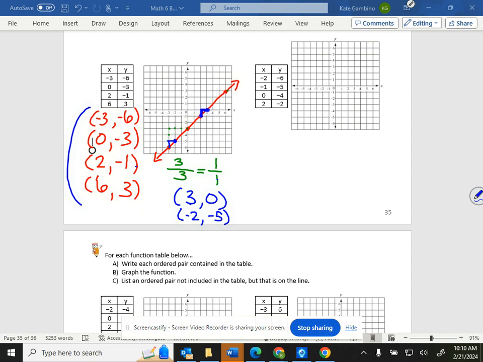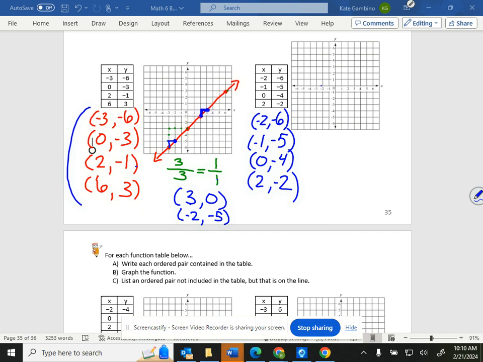Okay. So I love how some of my friends are like, okay, I get that number 3. I know my first step for number 4 is writing my ordered pairs. So I have -2, -6, -1, -5, 0, -4, and 2, -2. So next step, I have to graph it.